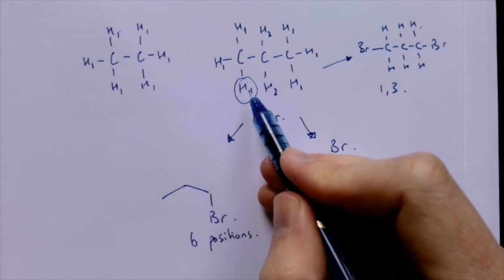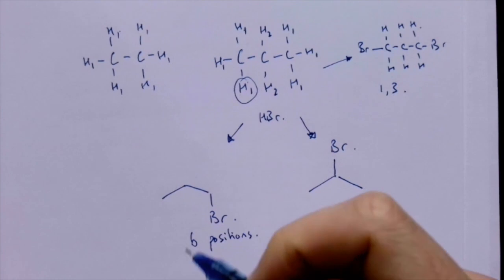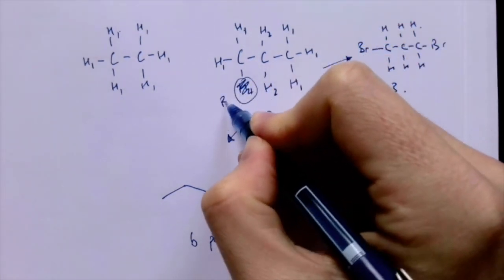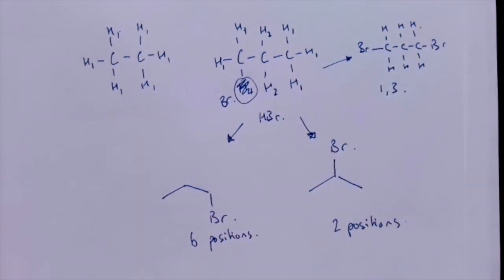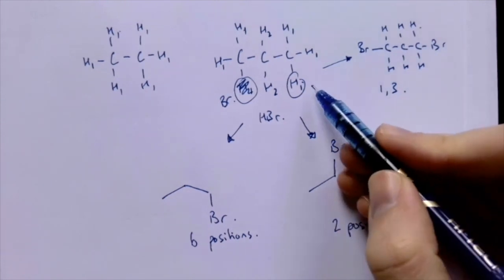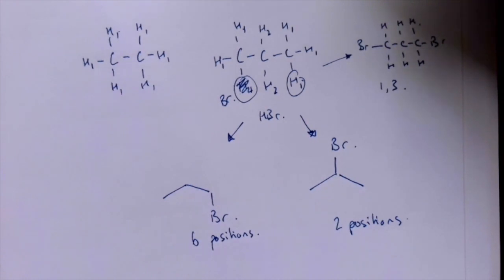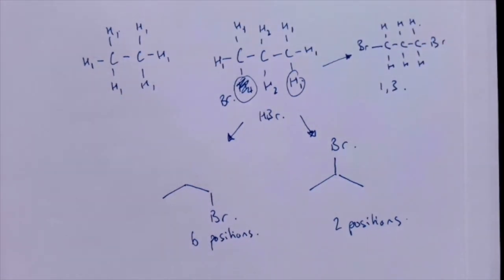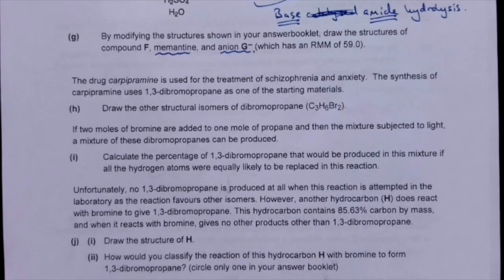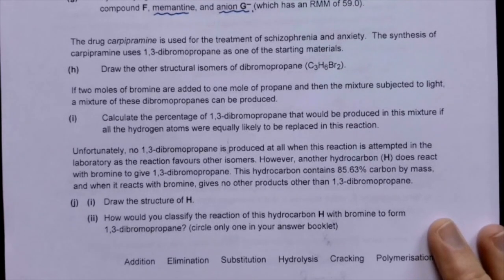How likely is it that I replace one of those? Once I've replaced one of those with the bromine, now I need to replace one of these 3. So how likely is it that I replace one of these 3? Once you've done that one, we can move on to this one.